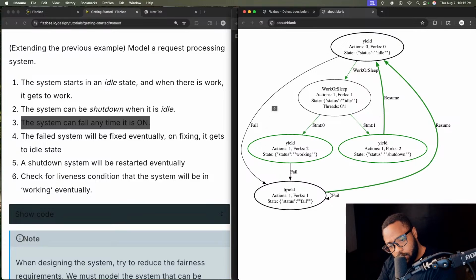So from side to side, you can fail and fail and fail and fail and fail. But then eventually you resume.